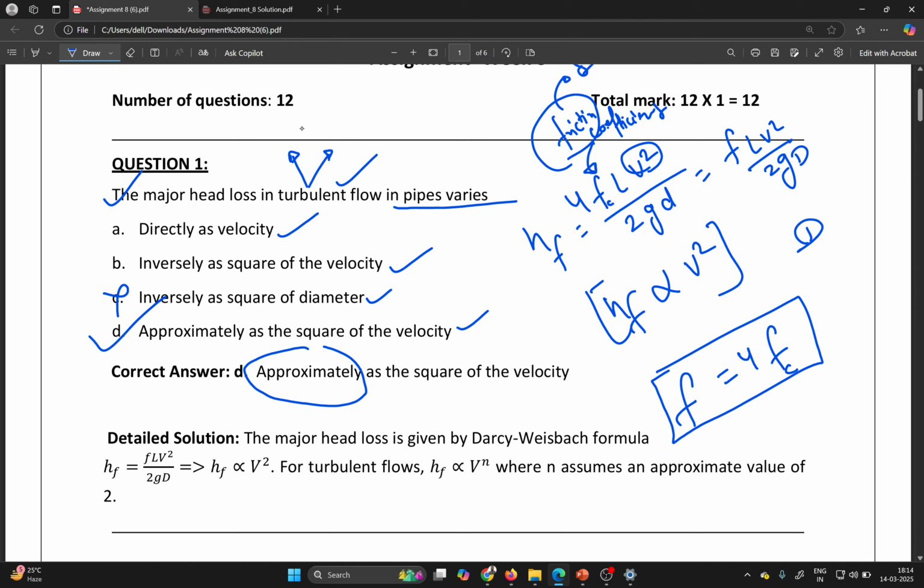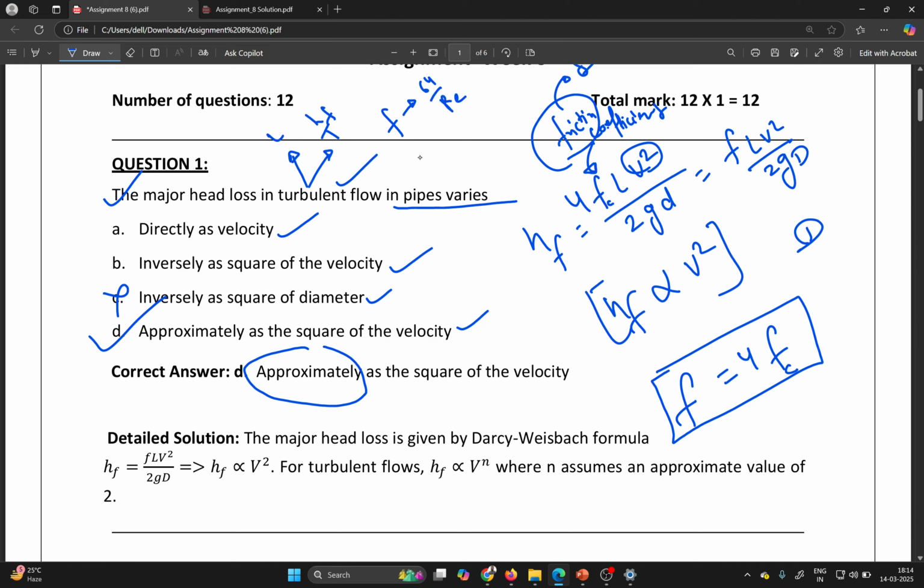Yes, so in the case of laminar as well as turbulent flow, we use the same formula for calculating the major head loss, but the calculation of f is different for laminar and turbulent flow. In the case of laminar flow, we use 64 by Re.